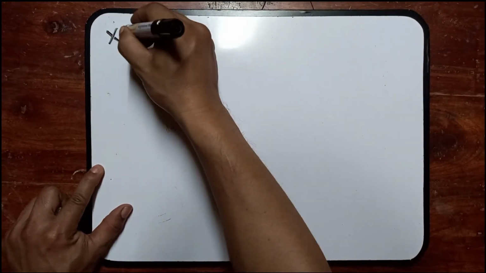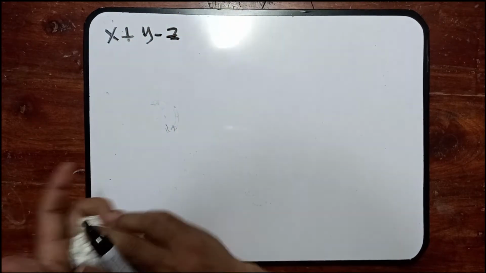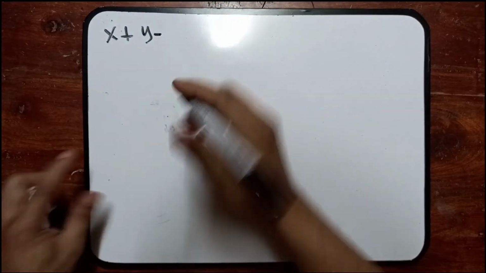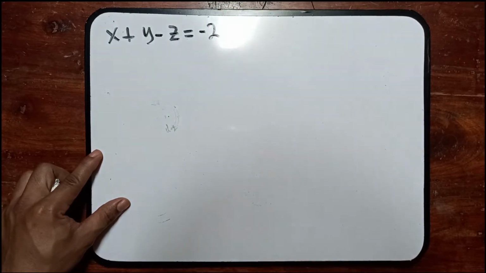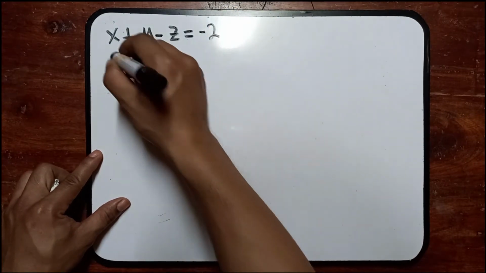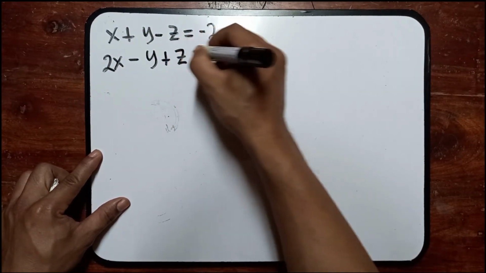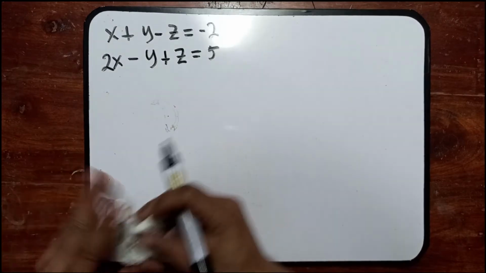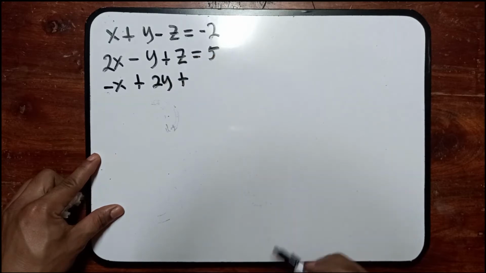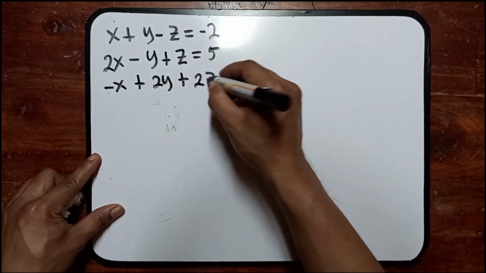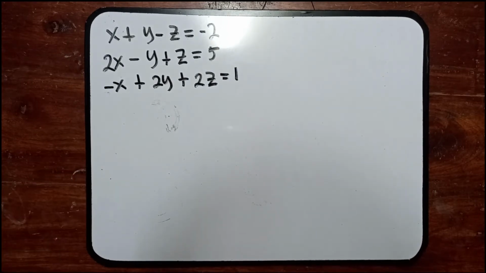We have x plus y minus z equals negative 2. And then we have 2x minus y plus z equals 5. And then we have negative x plus 2y plus 2z equals 1.